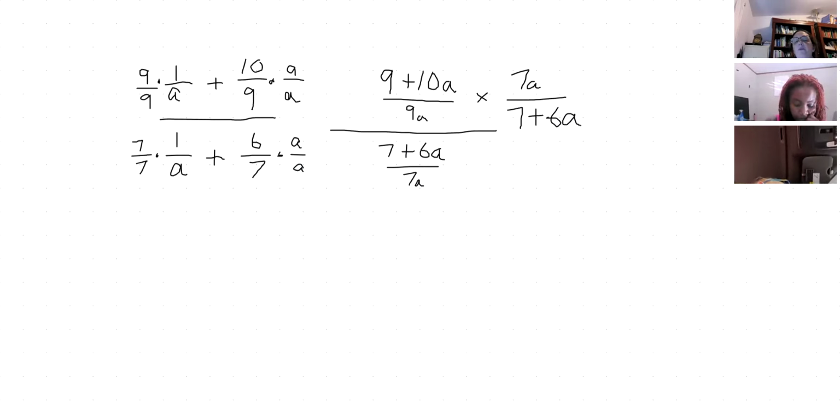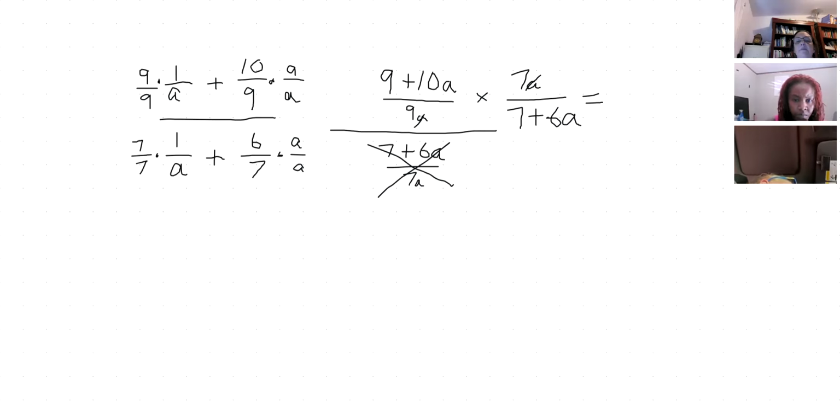And then before we multiply the fractions, I'm going to look for anything that I can cancel either vertically or diagonally. And I can see that 9a and 7a are both products that are multiplied. So I can cancel the a out of both of those. So now I have, in the numerator, 7 times the 9 plus 10a, and in the denominator, I'll have 9 times 7 plus 6a. So I'm going to distribute that 7 throughout the 9 plus 10a.